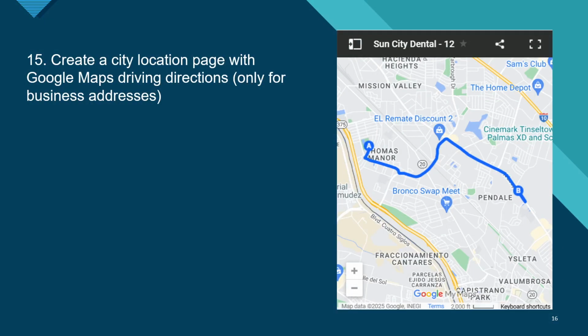Another thing you can do is create a city location page with Google Maps driving directions. Of course, this is only for business addresses. If you have an address for your business. Not all businesses have addresses. Sometimes they use a service area instead of an actual physical address. And this is set up in My Maps.